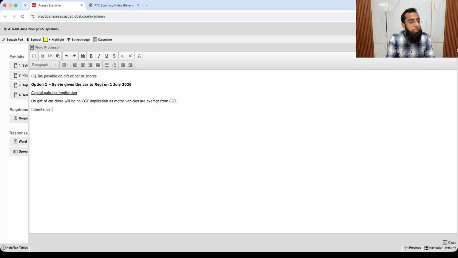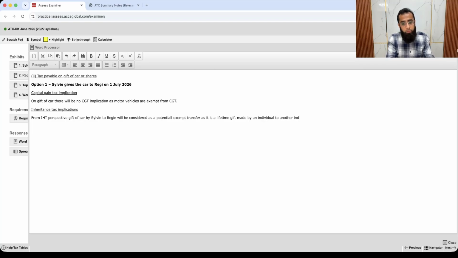Now, as far as inheritance tax implications are concerned, let's look at it. From an IHT perspective, gift of car by Sylvie to Regi will be considered a potentially exempt transfer, as it is a lifetime gift made by an individual to another individual.